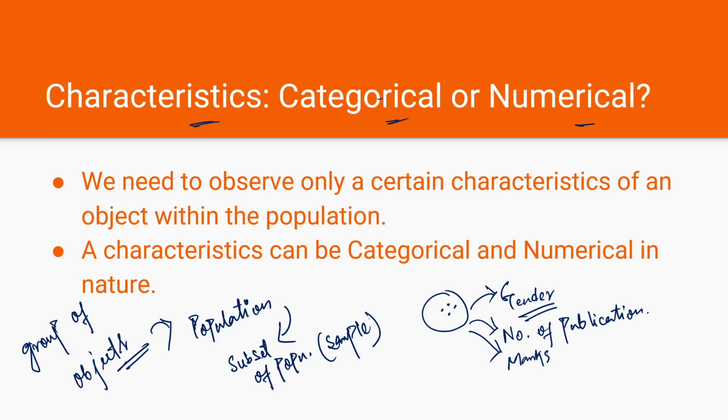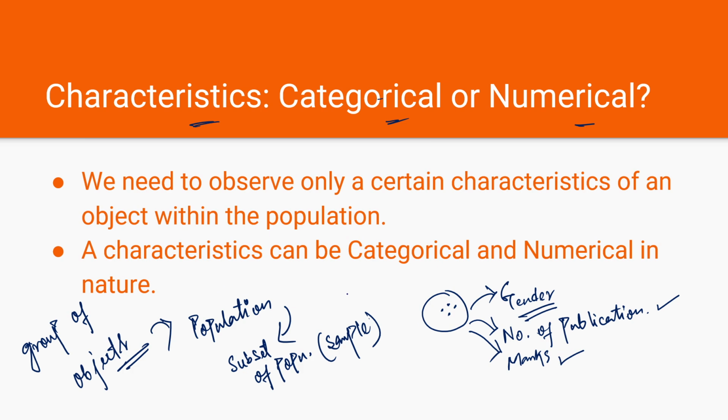All right, so we need to observe only certain characteristics of an object within the population. Obviously we are interested in certain characteristics. When you are performing the experiment, if you need to know about the number of publications for those students, or the marks they are getting, in that case this should be your characteristics.